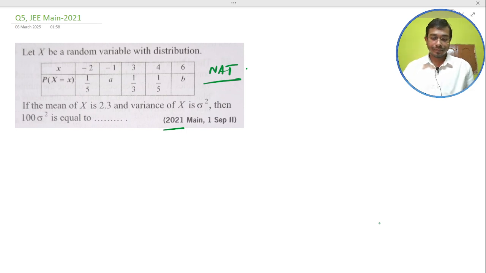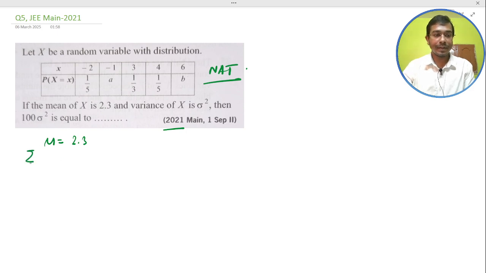Now solve. The mean mu is 2.3, this is given.